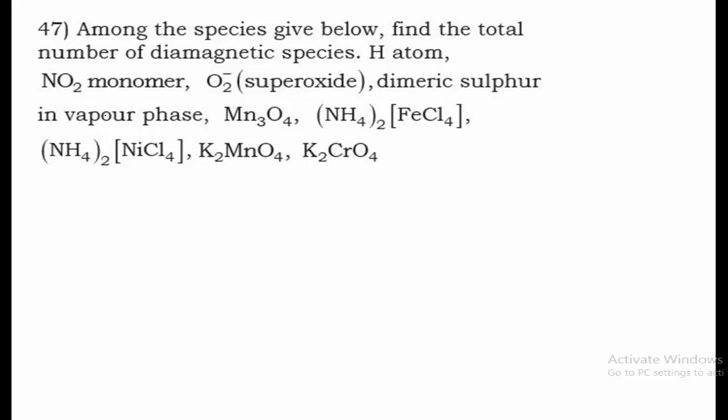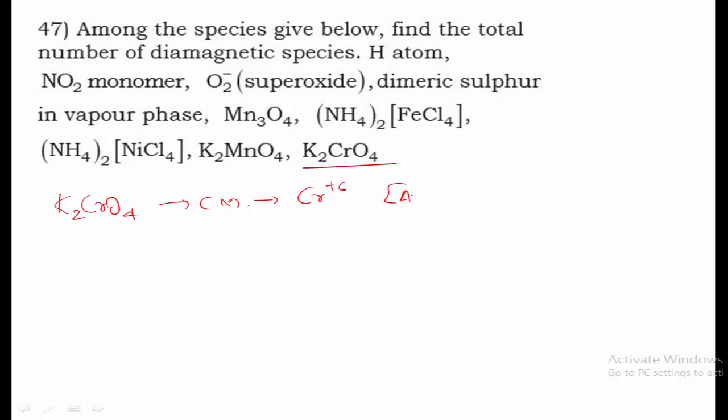Here you can see, one by one. First take K2CrO4. Here the central metal atom is Cr, and its oxidation state will be +6, and hence all are paired electrons.